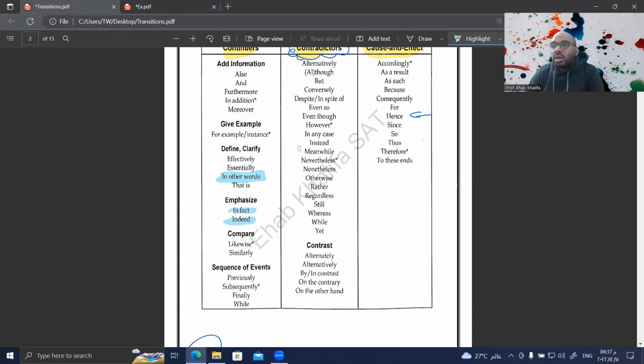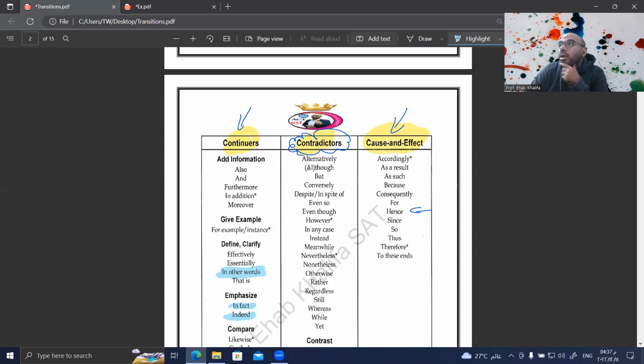We say that we use that to emphasize, to confirm, to assert. But what if I find that I need a continuer? We go for a continuer if what comes before is positive, what comes after is positive, or what comes before is negative, what comes after is negative. So I need to continue the idea, to expand the idea.